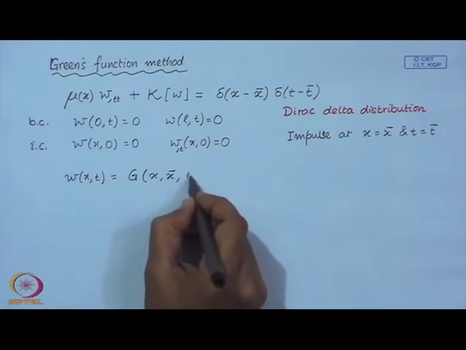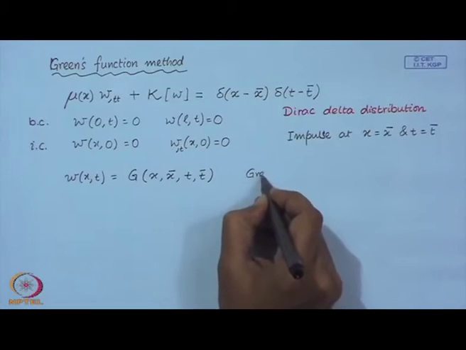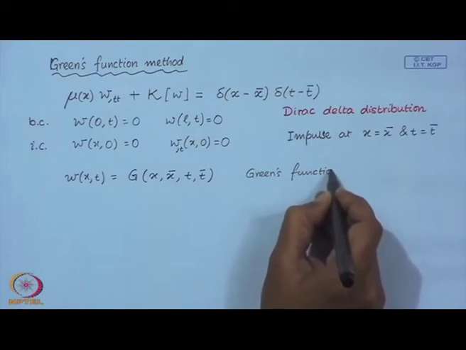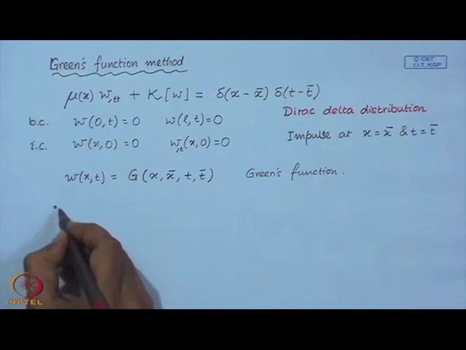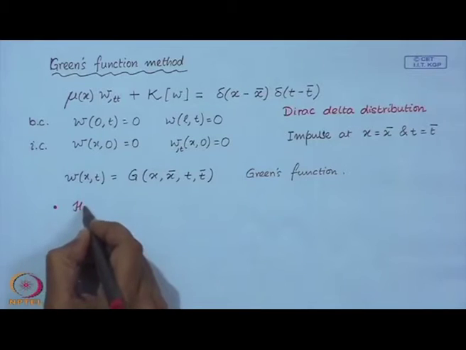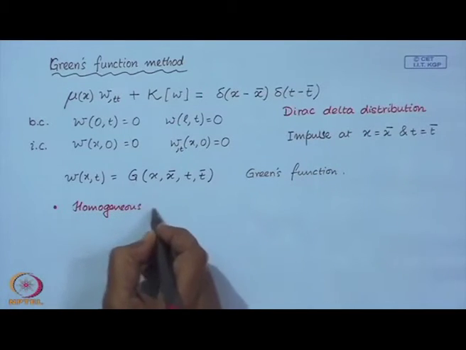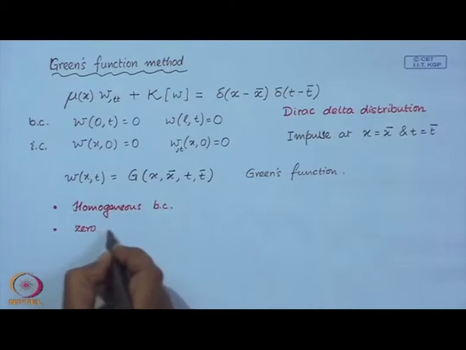We will represent this in this form. So, these points are important, that we have homogeneous boundary conditions and 0 initial conditions.